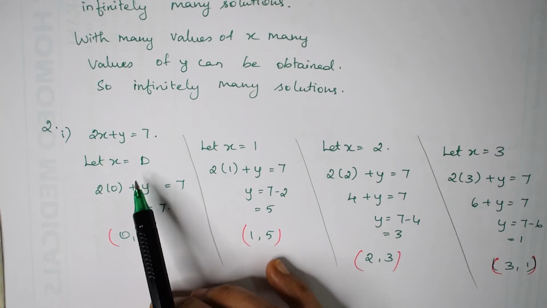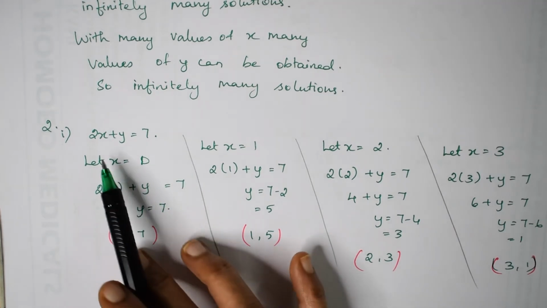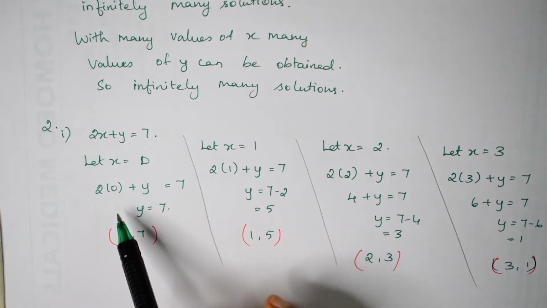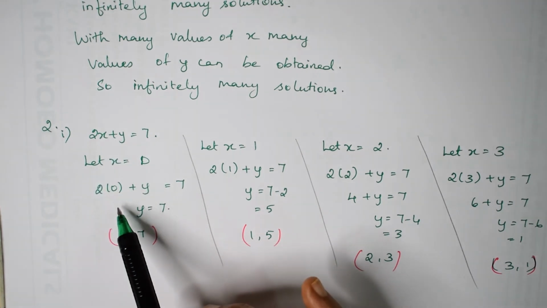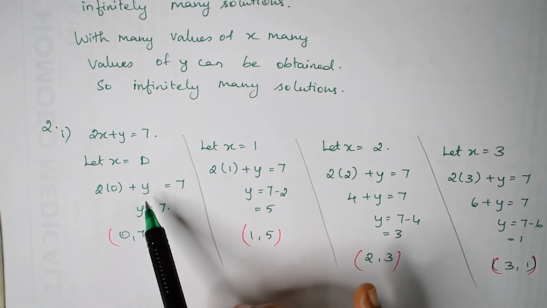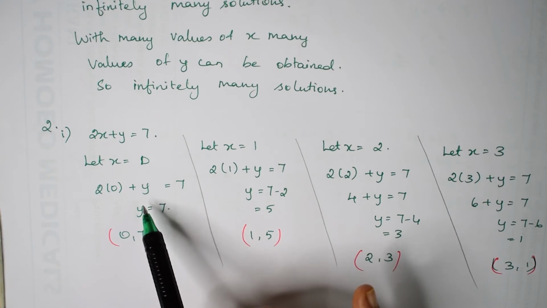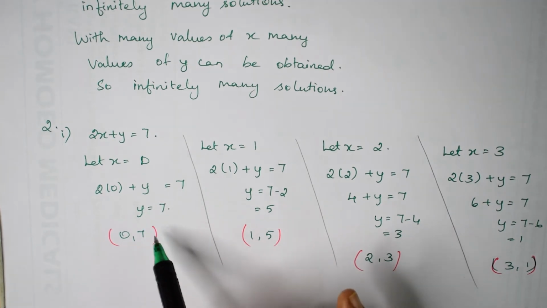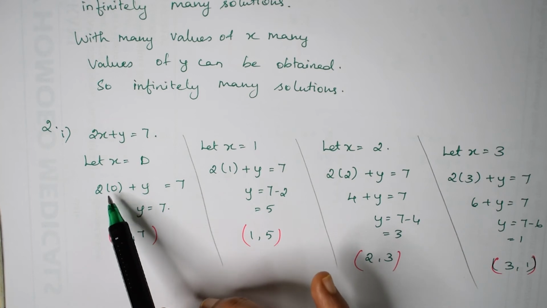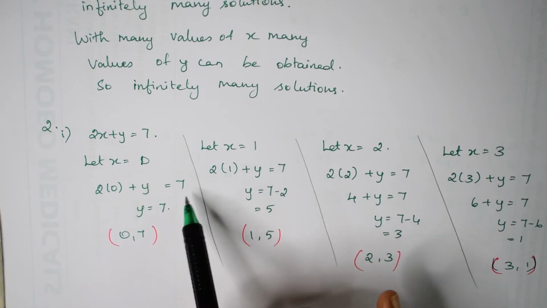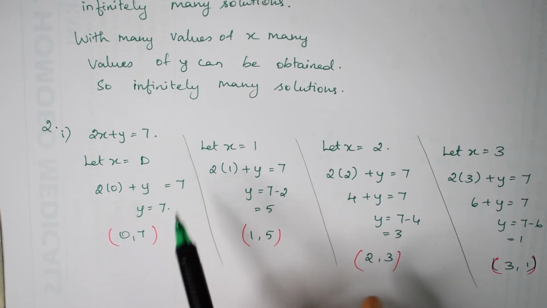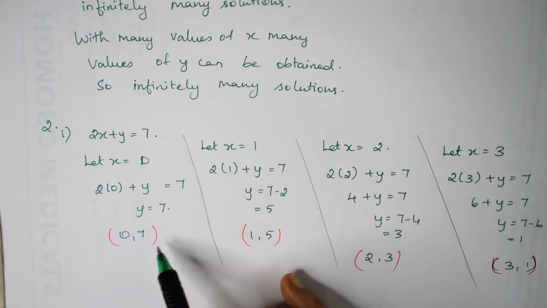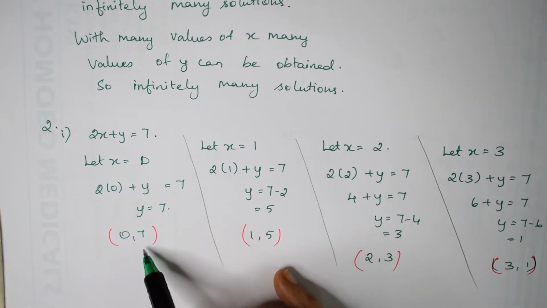So let x value be 0, and accordingly when I use it in the equation, in place of x I use the value 0, and y doesn't have a coefficient, so y's value doesn't change here. So y's value becomes 7. When I bring the 2 times 0 to the right hand side, the value doesn't change, so the coordinate is 0, 7.